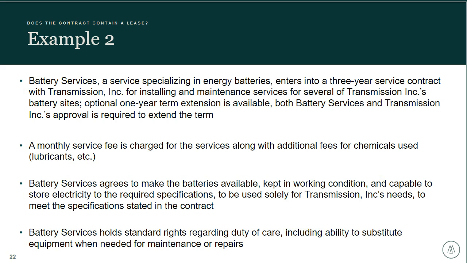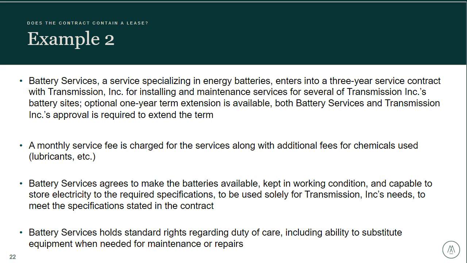Optional 1-year term extensions are available. Both Battery Services and Transmission Inc.'s approval is required to extend the term. There is a monthly service fee charged for the services, along with additional fees for chemicals used. I wasn't absolutely sure there's a chemical in batteries, so just give me a little grace on the chemicals. I couldn't think of anything else that I needed to have in this to make it work.